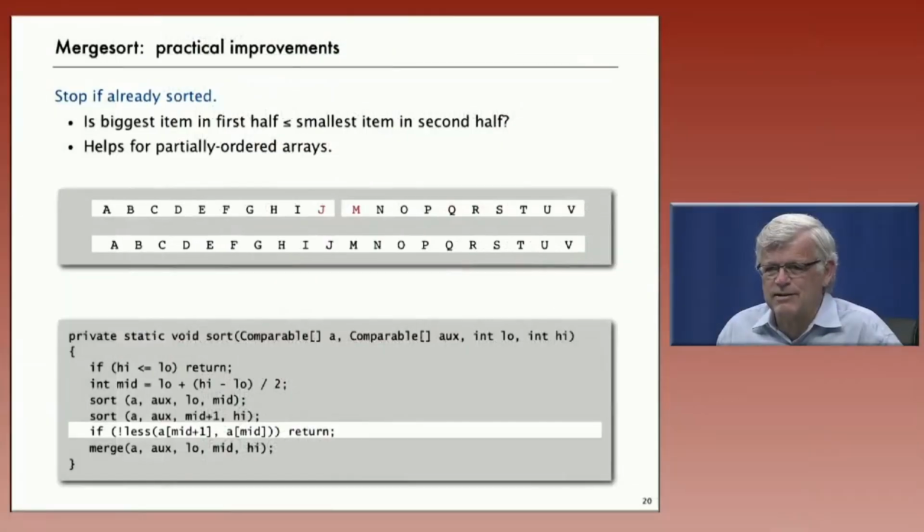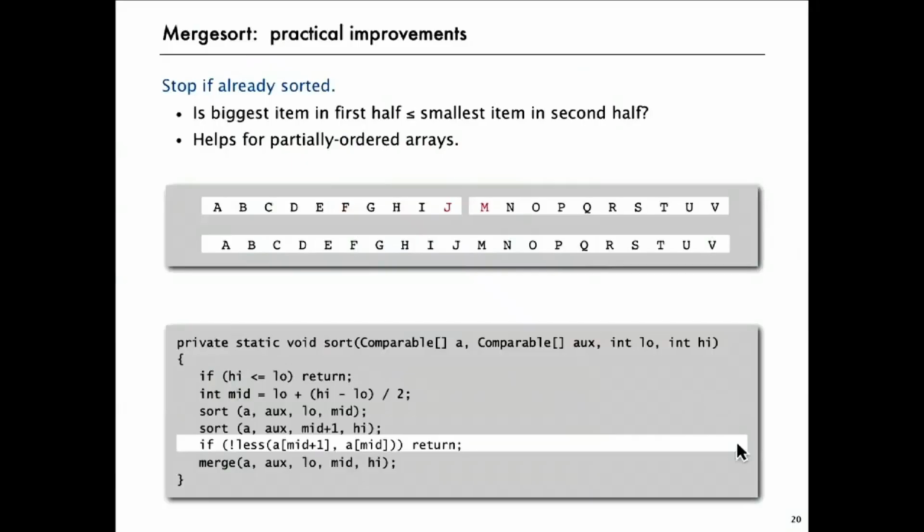We just put a test in the recursive merge sort for that, this one line of code to check whether we're done. That way, for example, if you were to call merge sort for an array that's already in order, it would just do this test every time, and it would be done in linear time. That's pretty helpful, although not totally helpful, but there's a lot of situations where that's helpful.